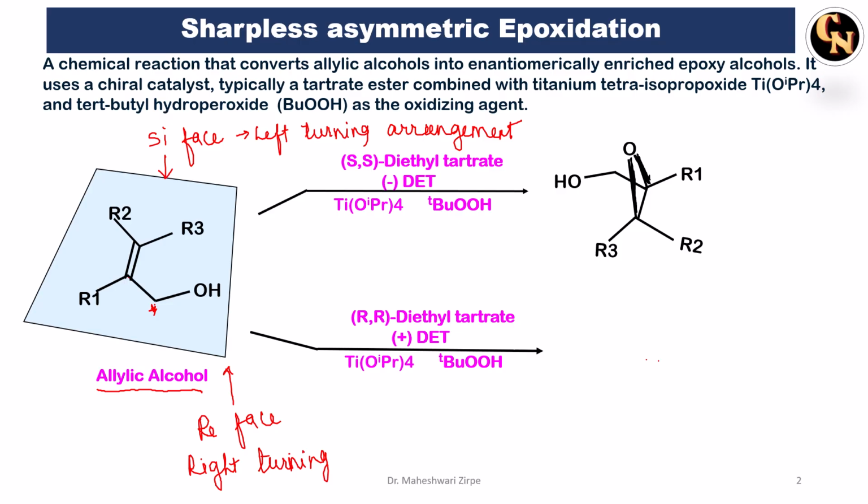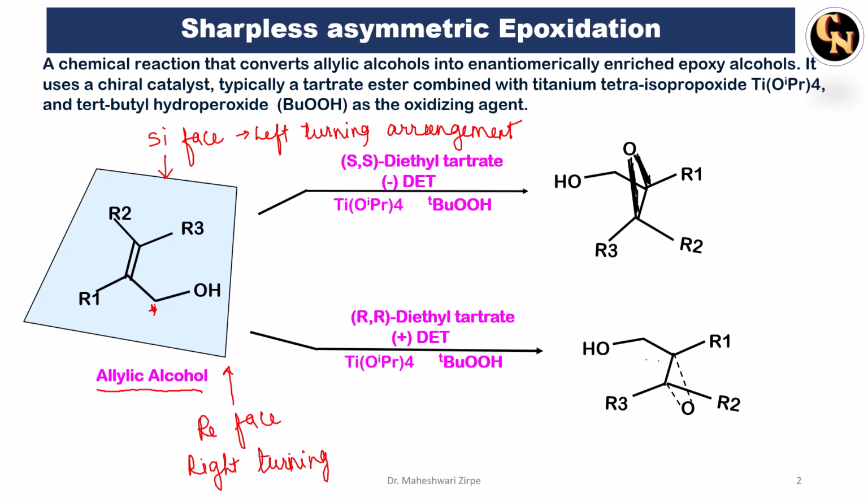Okay, for minus DET, that is si face or left turning arrangement, the epoxide ring is above the plane. And whenever it is re face, that is right turning arrangement, the epoxide which will be formed using plus DET is going to be a ring below the plane. So you can find here I have denoted it by a dash and here with a wedge.